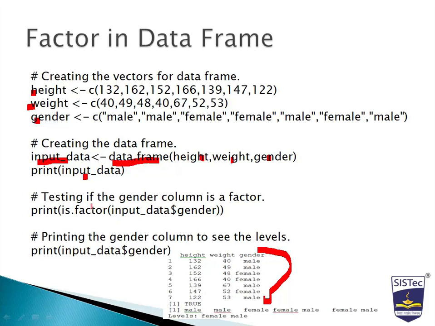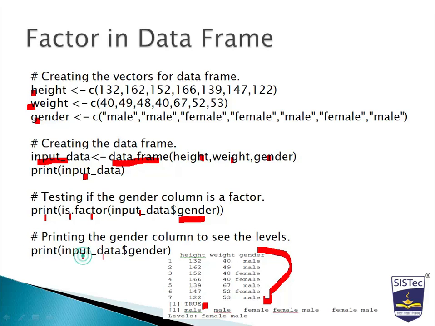Then we test whether the gender column is a factor. So print is.factor of input_data, that is the name of the data frame, dollar gender. So is this gender column a factor? The answer is yes. Then we print the gender column to see the labels, how many labels we have.